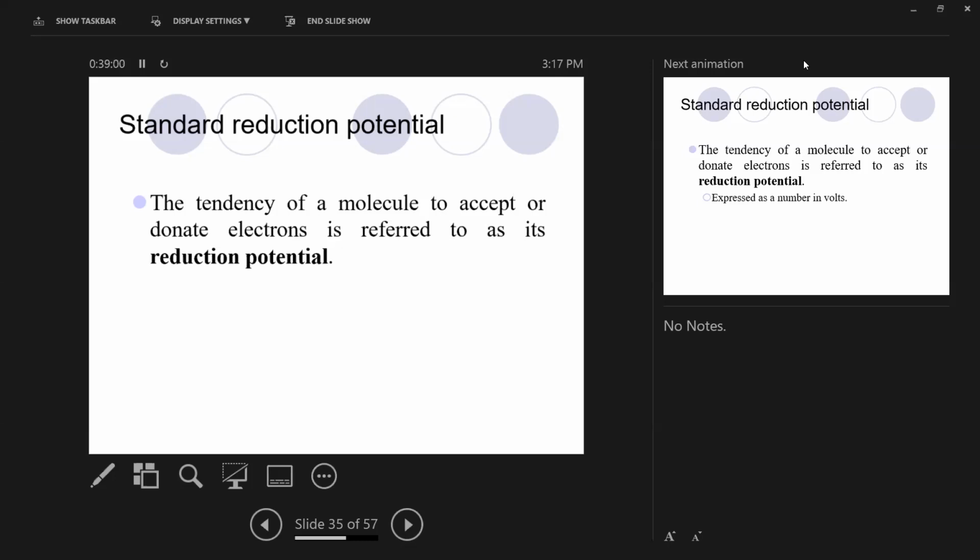We'll get to the Nernst equation in a couple of slides. I just wanted to show you this equation doesn't come from outer space. It does come from something useful.